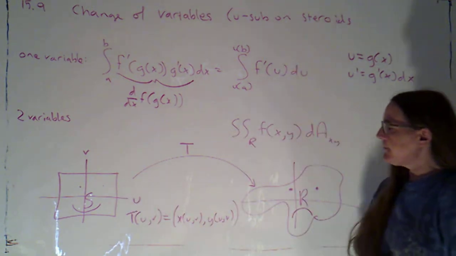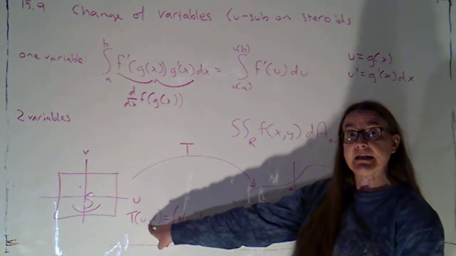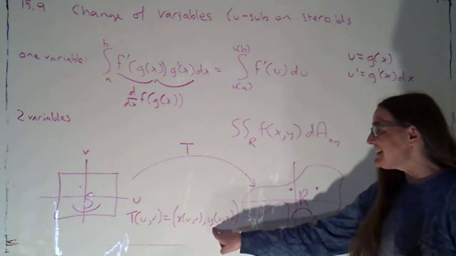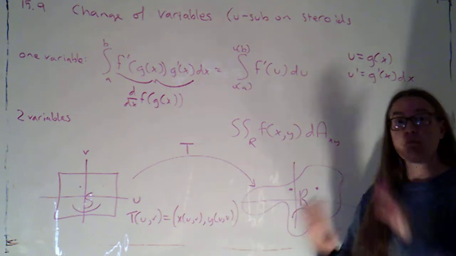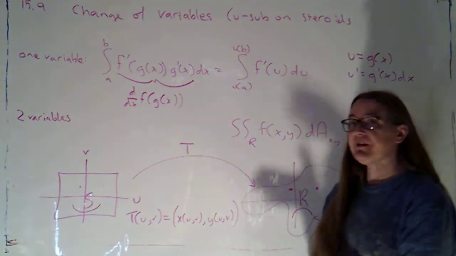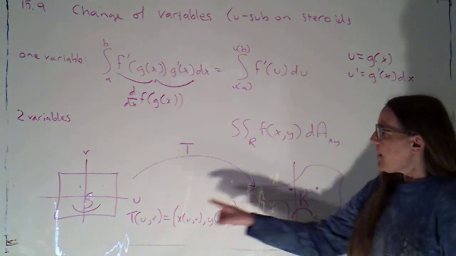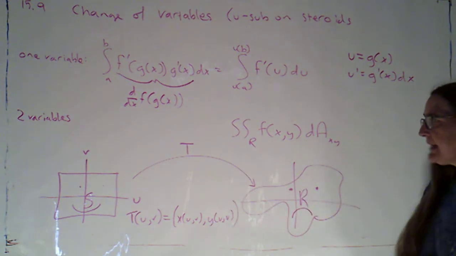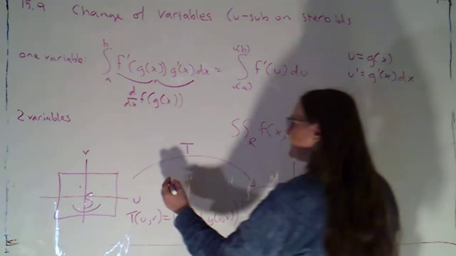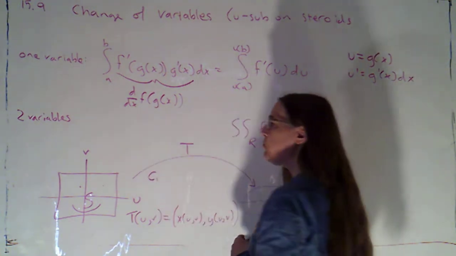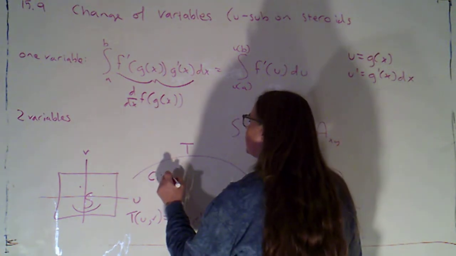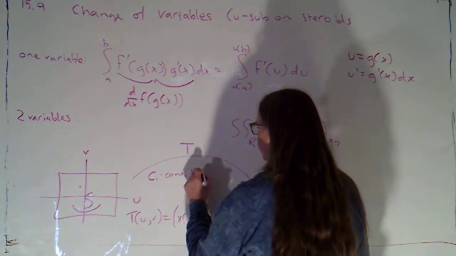So I would have a function with a two-dimensional input and a two-dimensional output. So both x and y would be functions of both u and v. Okay. I'm hoping I can do that, and I'm hoping that T is going to be a C1 function, which just means that it will have continuous first partials.